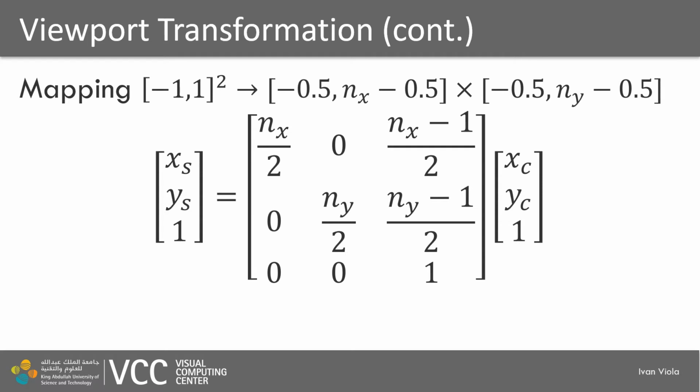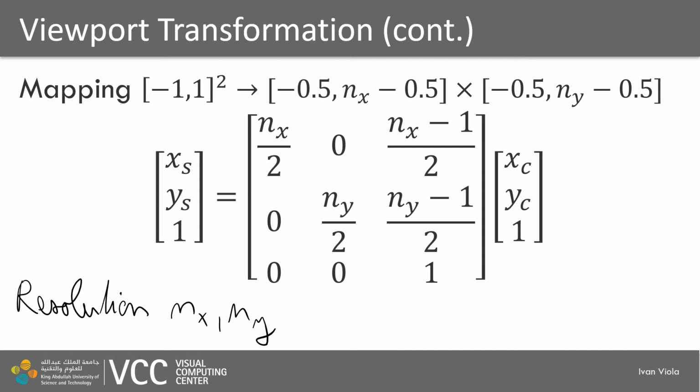So we have the resolution of the screen, nx and ny. And now we would like to essentially map the x and y coordinates into the range 0 to nx and 0 to ny.